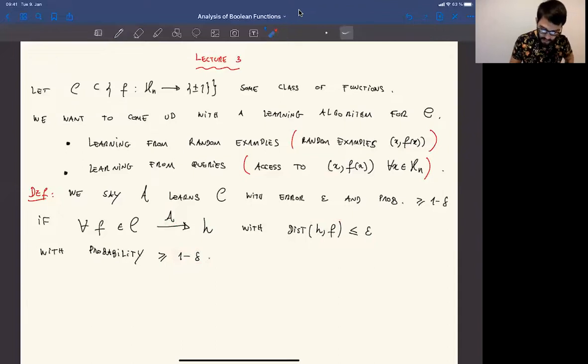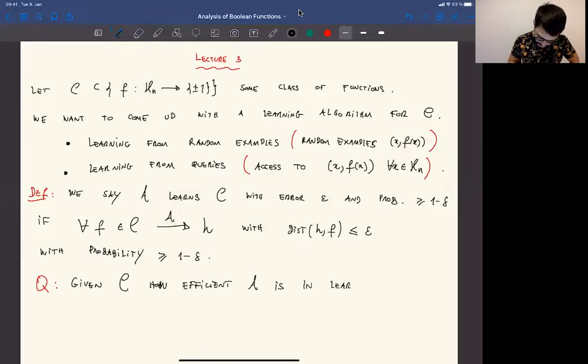So one of the questions here is, given C, how efficient is A in learning C?